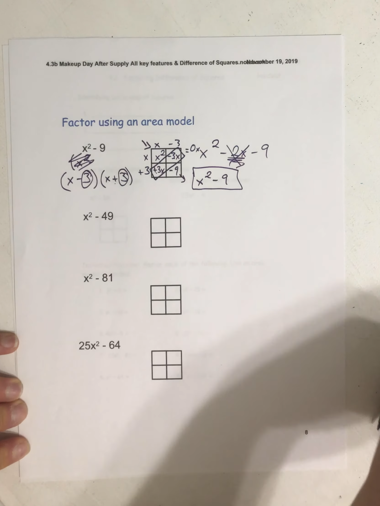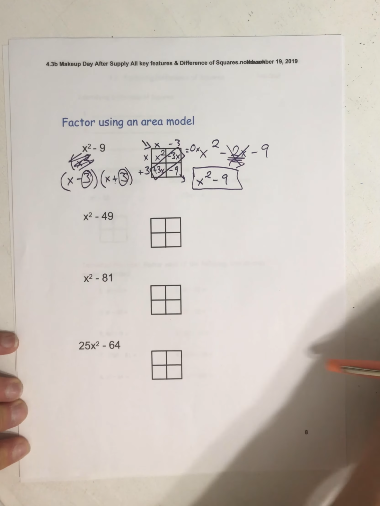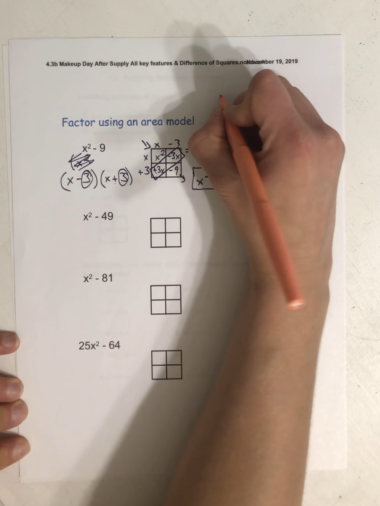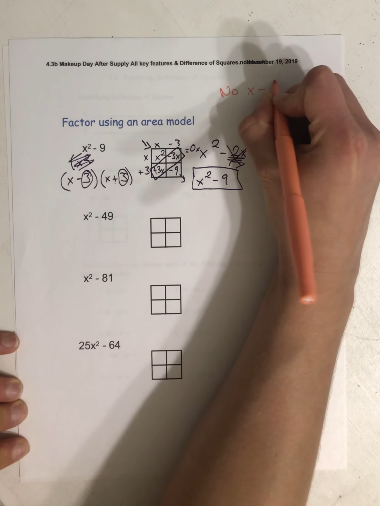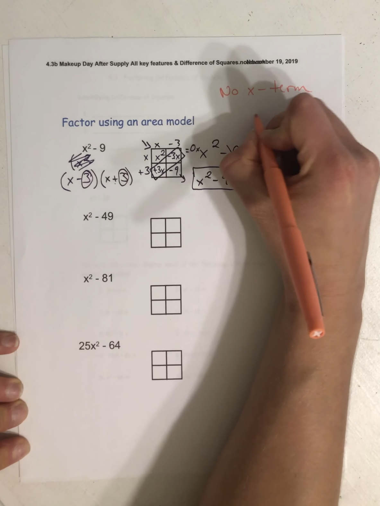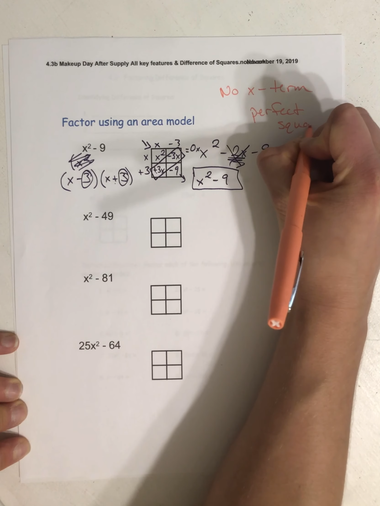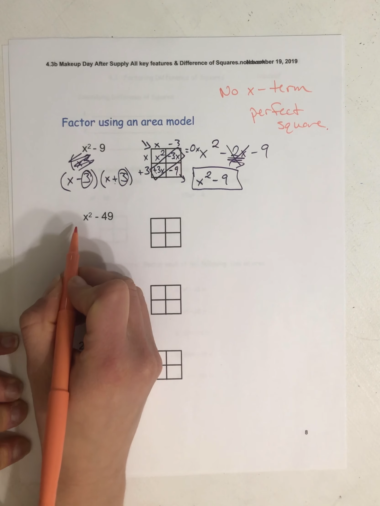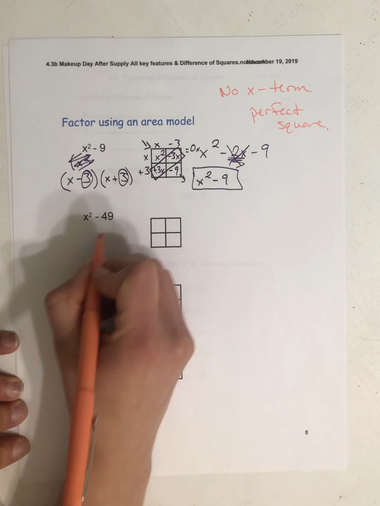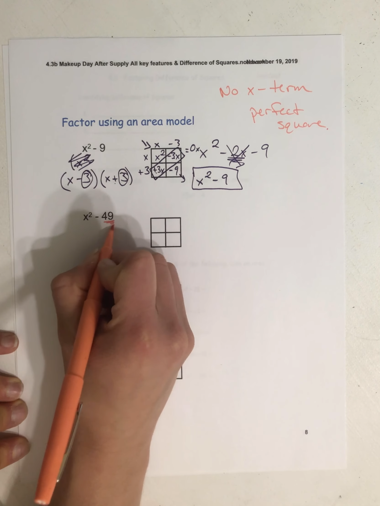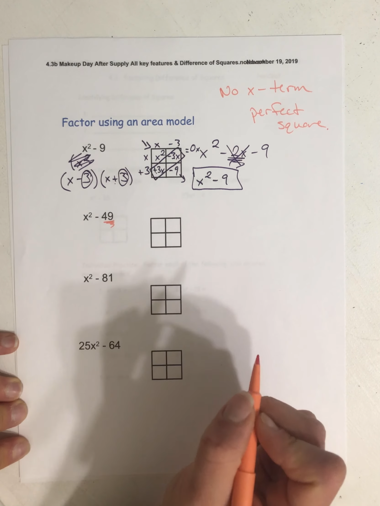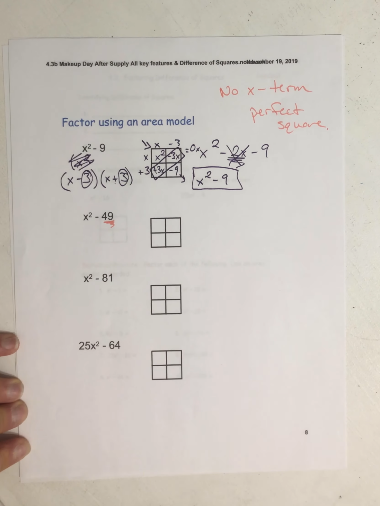Okay, so let's take a look at the next one. So we know that there is no x term, perfect square. Okay, so we're going to take a look at this one. So what two things multiply to 49? You can take out your multiplication chart. Oh, sorry, mine's on the floor.